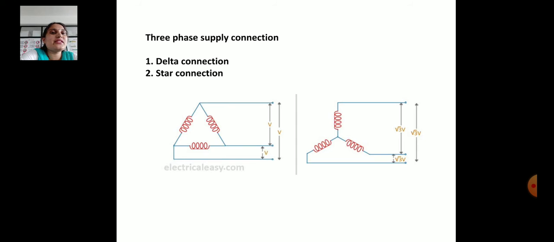And the second one is the star connection. One end of each winding is connected together at one common point. That common point is called the neutral point. It looks like a star, and it is also called a star or Y connection.